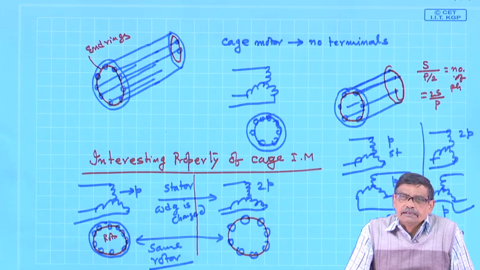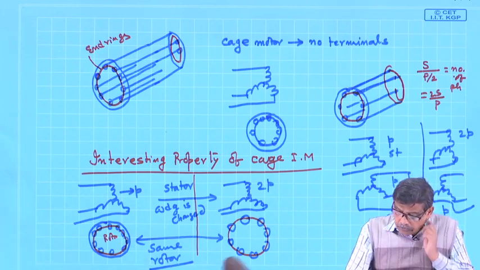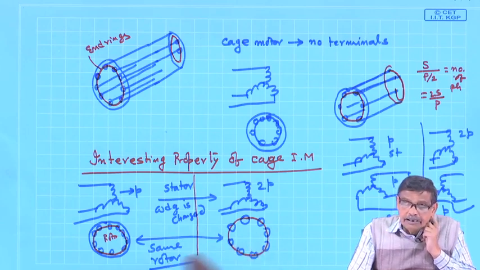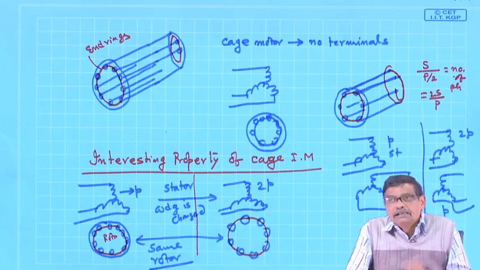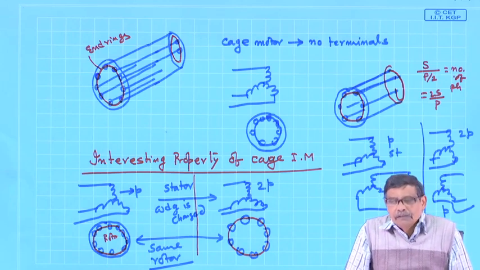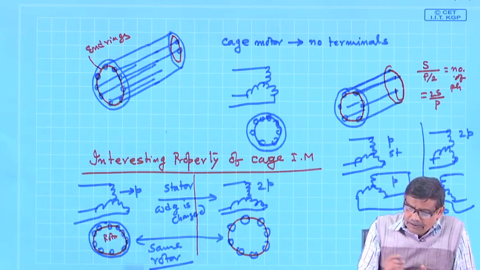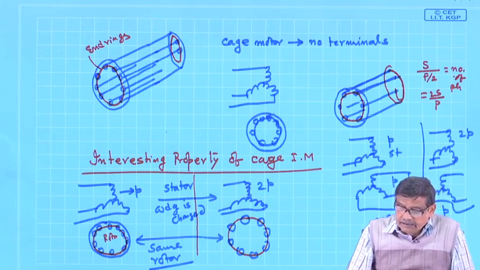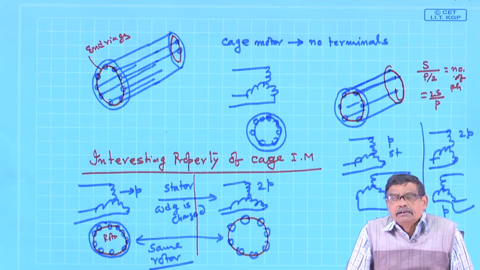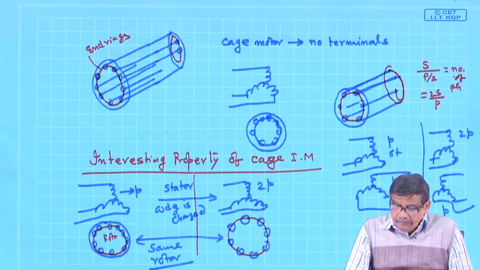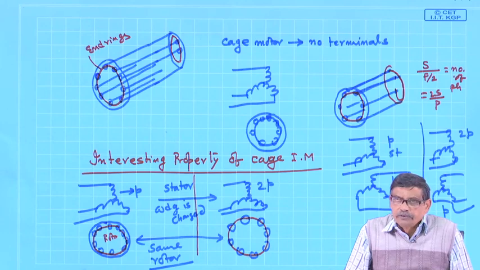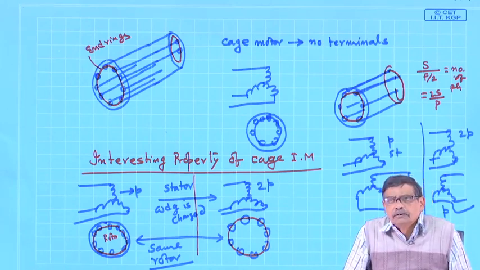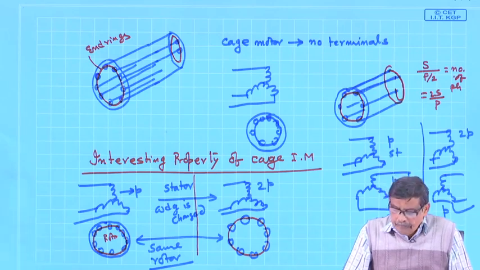In fact, in earlier days, a few decades back also it was considered like that. So, to control the speed of the induction motor, one method suggested, see, we have discussed many a times that the rotor will settle down to a speed very close to synchronous speed under no load condition and slightly below synchronous speed even when it is fully loaded.